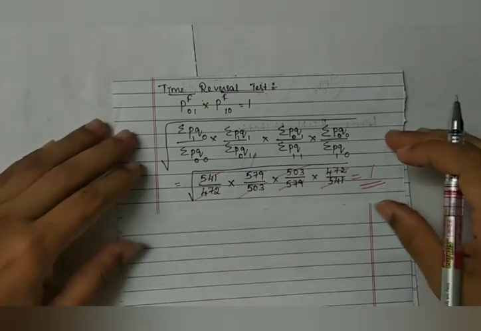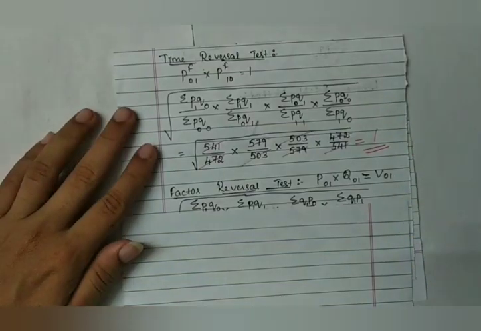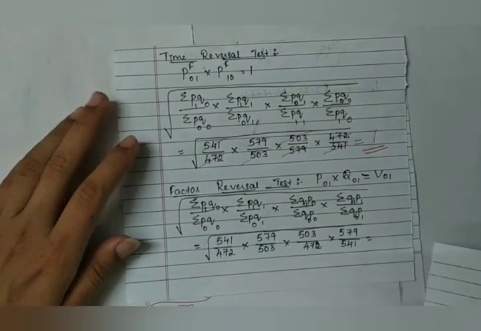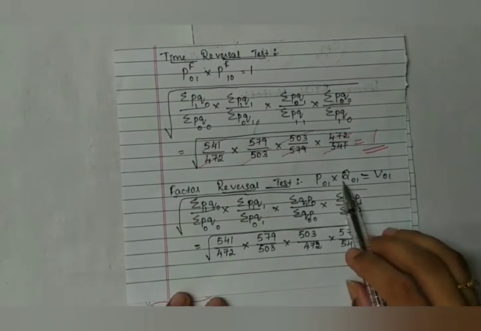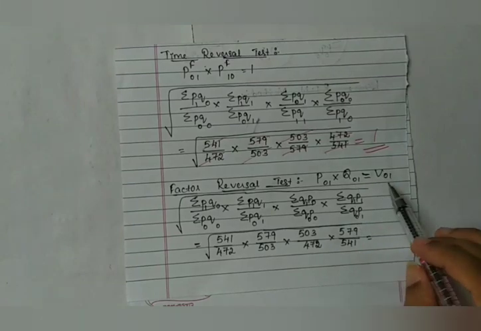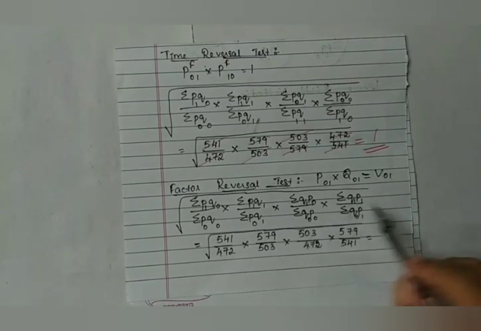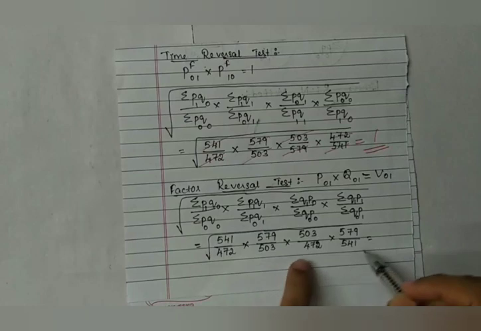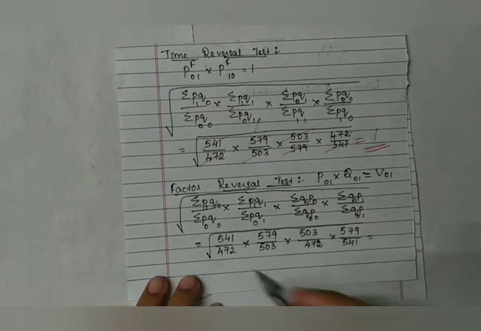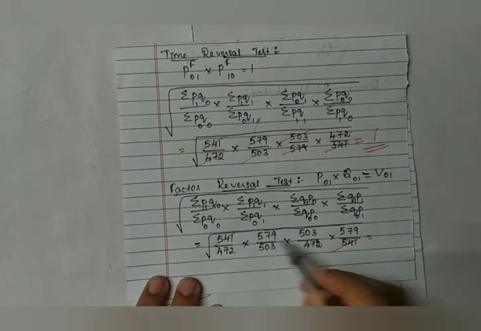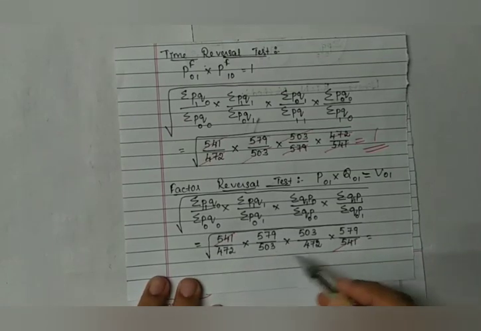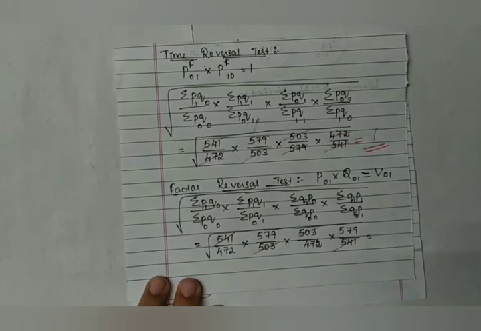Okay, so continuing, what we are asked to prove again, it also satisfies factor reversal test, isn't it? So factor reversal test, it is P01 into Q01 is equal to V01, isn't it? So same way again we filled. Next 541 cancel, 579 it's there, 542 it's there, 503 cancel.